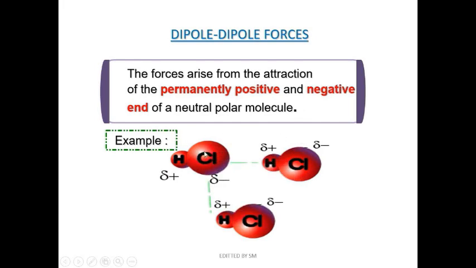Okay, for example, the HCl molecule. Hydrogen is partially positive, while chlorine is partially negative. When the molecules are close to each other, the partially negative chlorine and the partially positive hydrogen attract each other to form dipole-dipole forces.